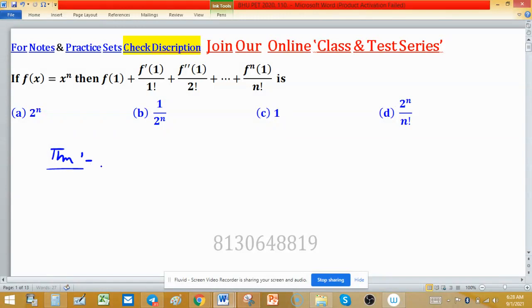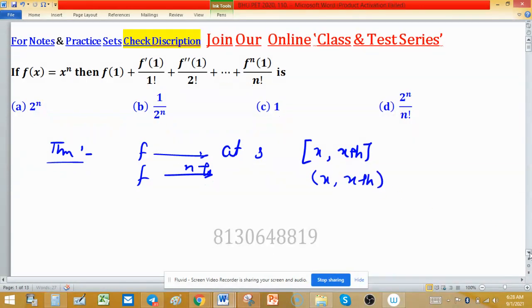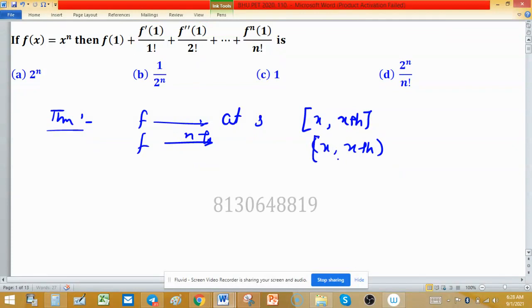According to Taylor's theorem, the function must be continuous over the closed interval [x, x+h], and n times differentiable over the open interval. So I can take this closed interval and write the function as f(x+h).